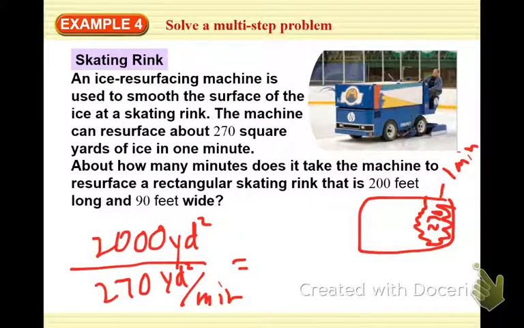Somebody calculate that. We're taking notes, Brandon. What is 2,000 divided by 270? You get 7.407. So it's approximately 7.5 minutes, right?